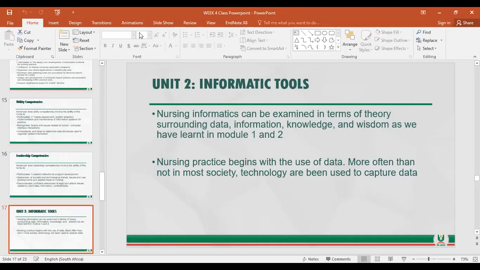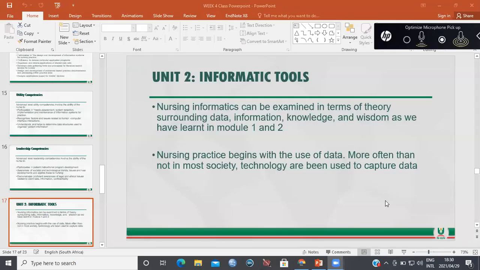But this week, like I've said, we are going deeper into the course. So we are looking at the tools that we can use to translate data to information, information to knowledge, and now knowledge to wisdom. That's what we want to look at by discussing informatics tools.